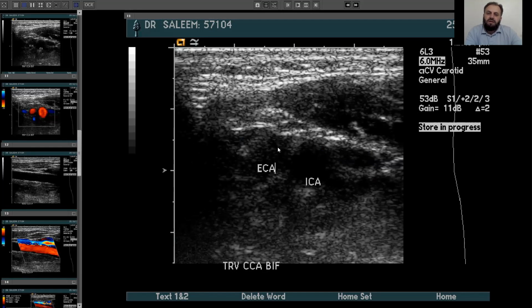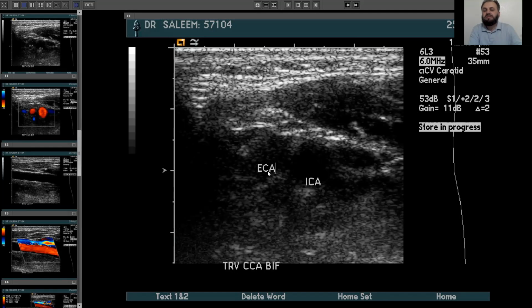Okay, for us, it's important to see our ECA. This is one of the differential diagnoses between the ICA and ECA, internal carotid and external carotid artery. If you remember, thyroid tissue was here when I was scanning the CCA, proximal, distal. We saw the thyroid tissue here, and the trachea was here.